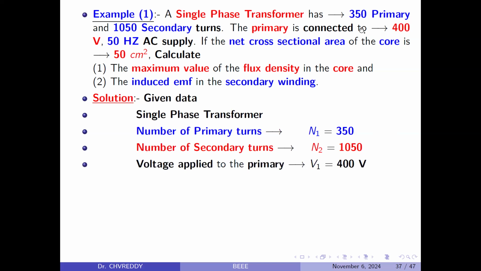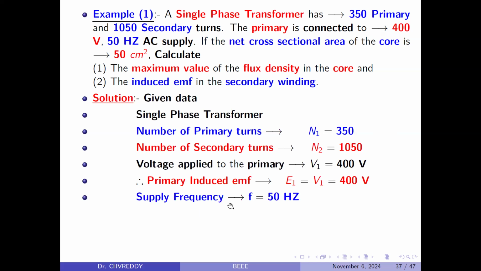The voltage applied to the primary, that is V1 equal to 400 volts. So now the induced EMF in the primary E1 equal to V1 equal to 400 volts. They given supply frequency, that is F equal to 50 Hz.